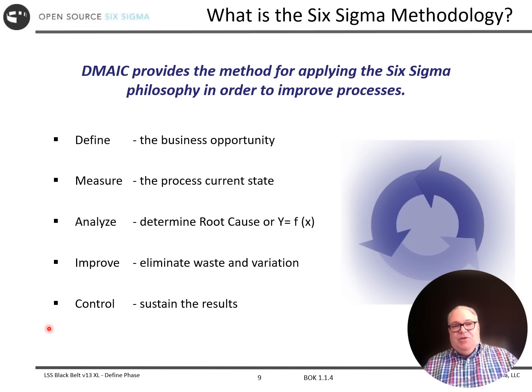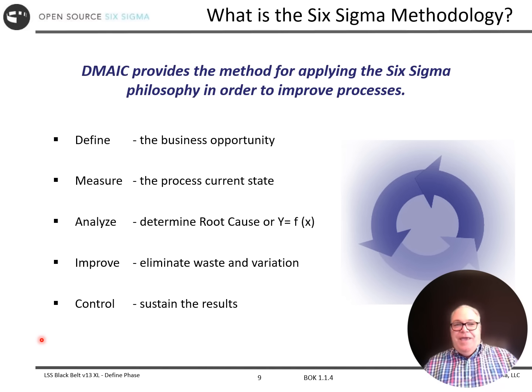There is some discipline in the process to say that before you can really do that, we need to know where we're starting. We need to know that we've gotten to the root cause. And then when we make the improvements, they will actually stick and make that waste and variation go away.